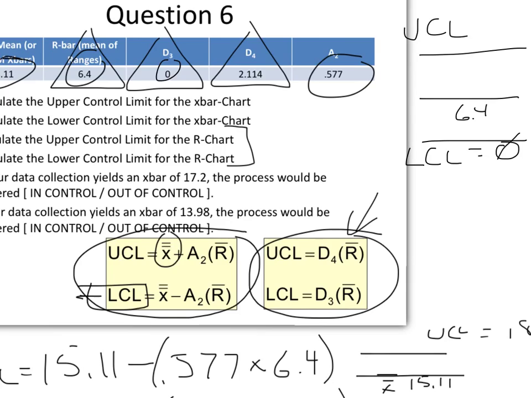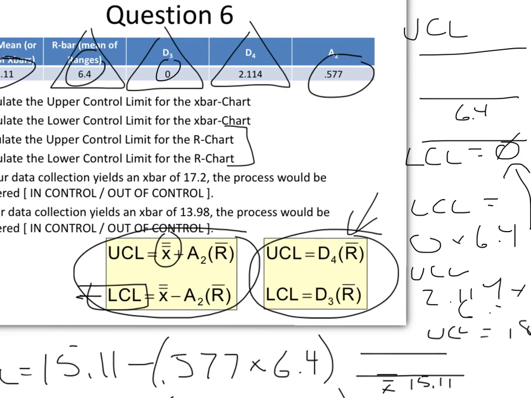So to do that, the lower control limit we would calculate by saying D3, which is 0, times 6.4, which is the 0 right here. And then the upper control limit is 2.114 times 6.4. And our result there is going to be 13.53.